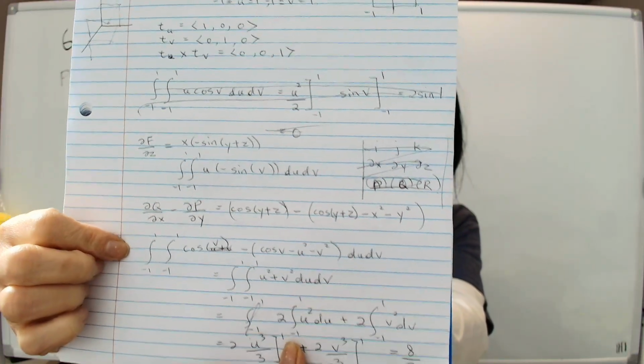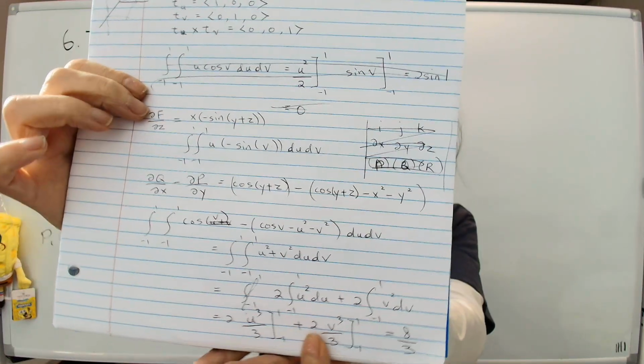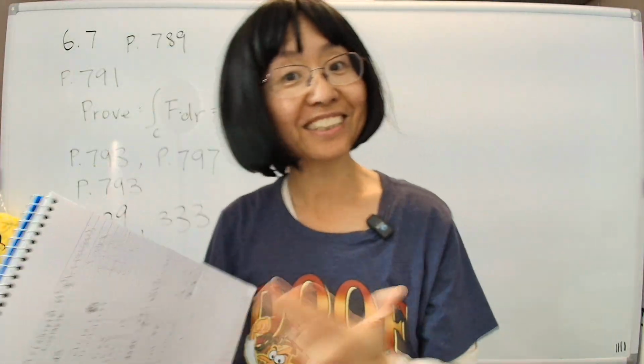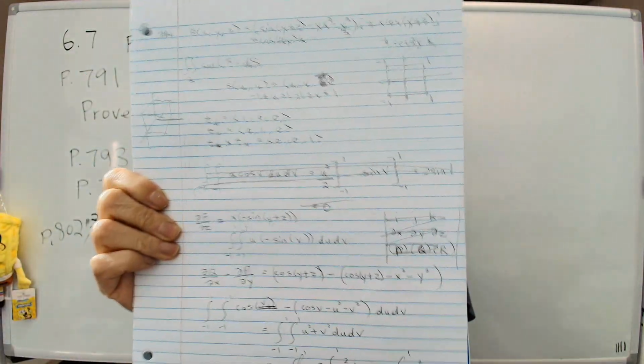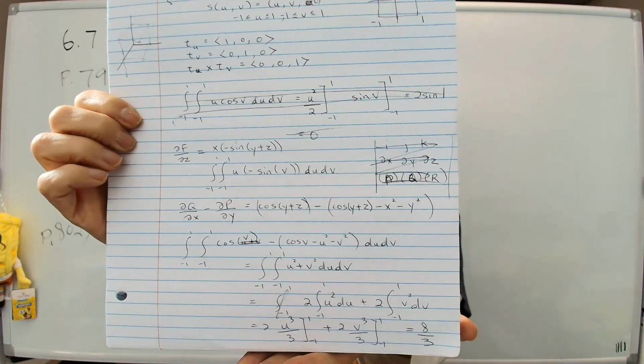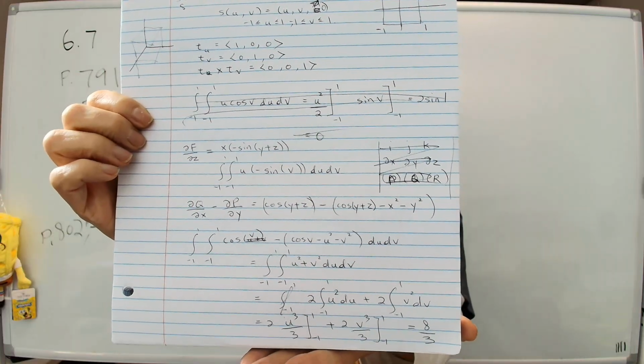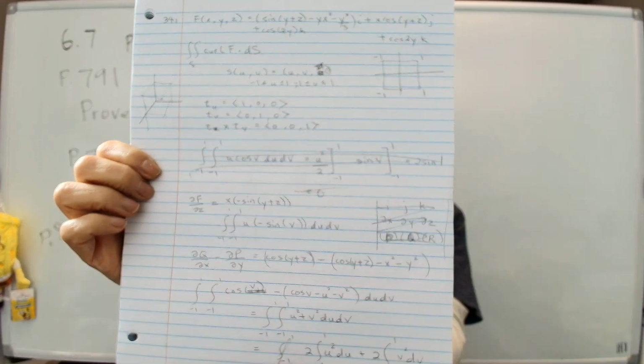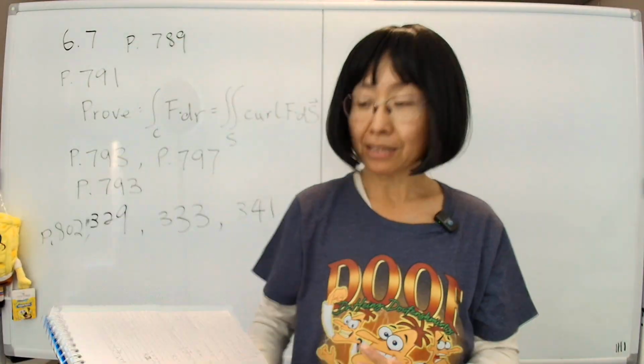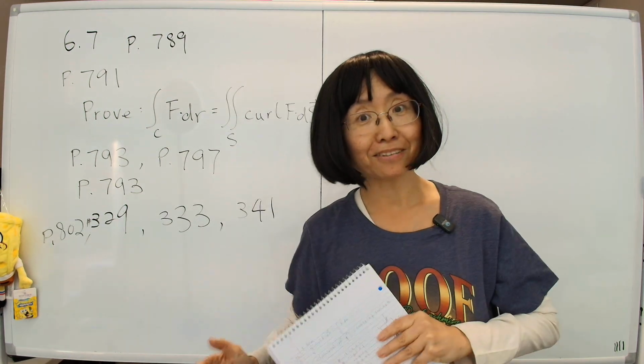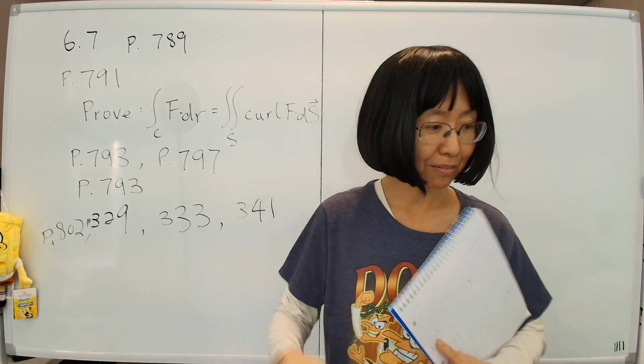Then we integrate it, and it quickly gives us 8/3, the same answer. So it's much better. Let me hold this a little better so you can see what I did. As you can see, Stokes' theorem works for problem 341.